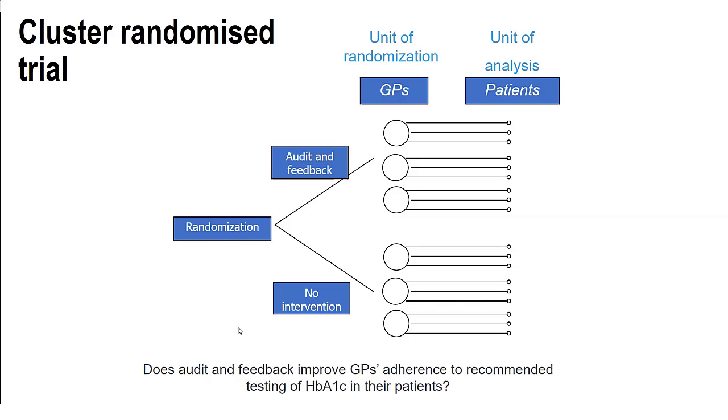So in this particular example, which is answering the question of does audit and feedback improve GPs' adherence to recommended testing of HbA1c in their patients, we randomise GPs to audit and feedback, those GPs then will treat a number of patients, and we're measuring the outcome on the patients of whether they had received appropriate HbA1c testing. So our randomisation unit here is different to the unit of analysis when we're analysing patient outcomes.